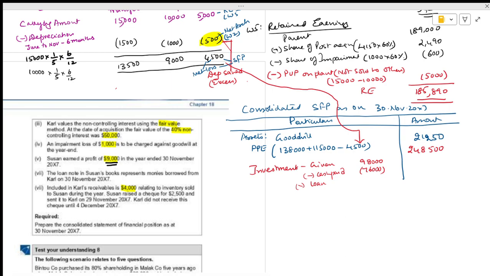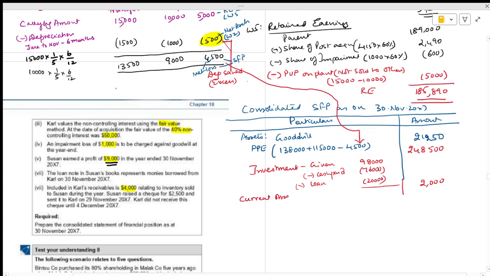How much are you taking the loan of the subsidiary? 20,000. 98,000 is the investment, 76,000 we have paid in cash, and we have taken the loan. How much will we get? The investments will be 2,000. Is it clear? Yes, right.